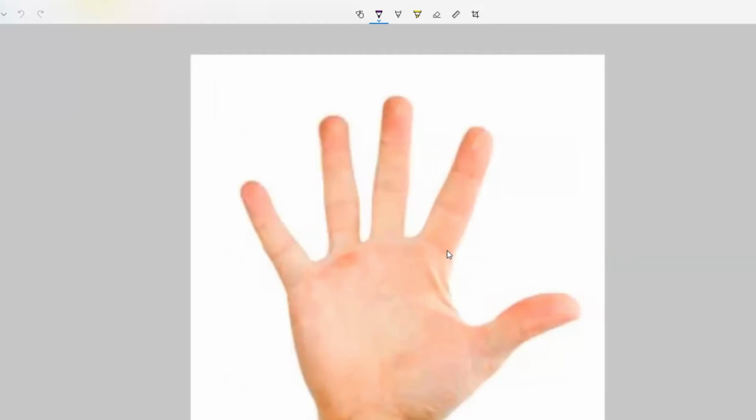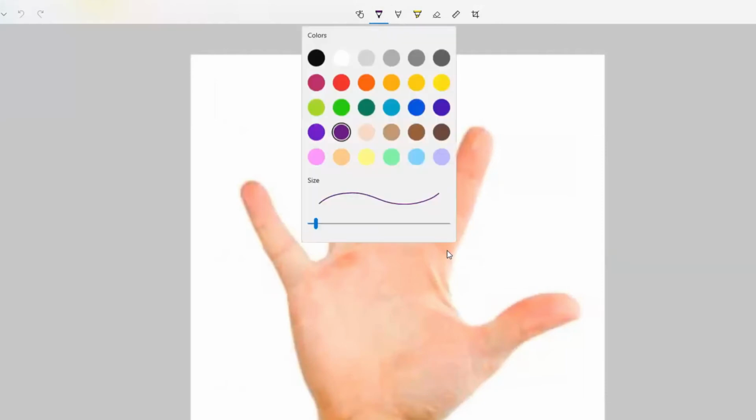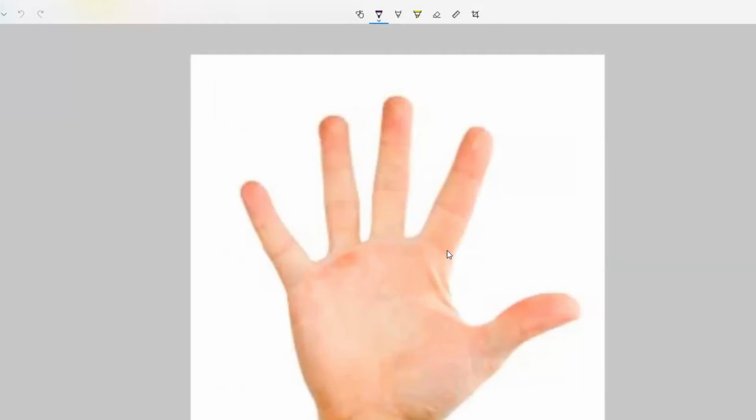Take your pen or your pencil and follow me. We're gonna draw the outline of my hand here, like that. Are you following me?